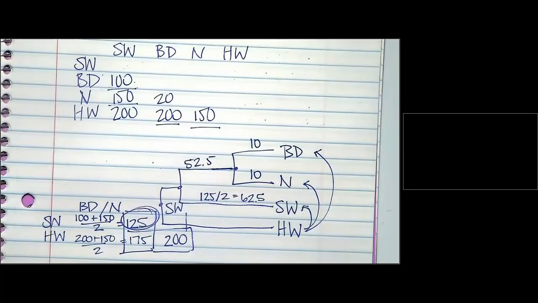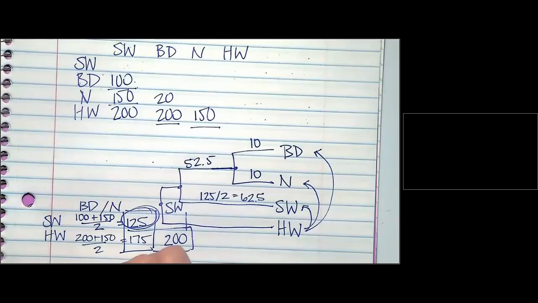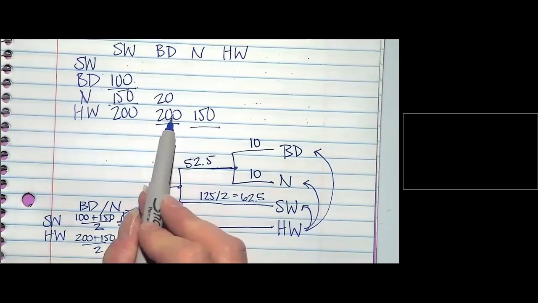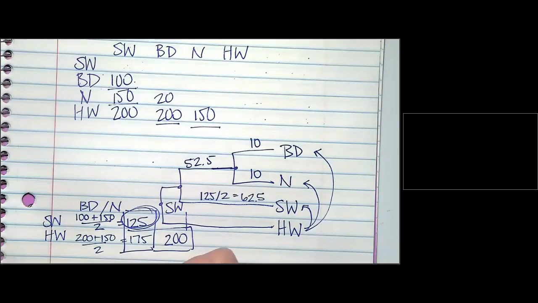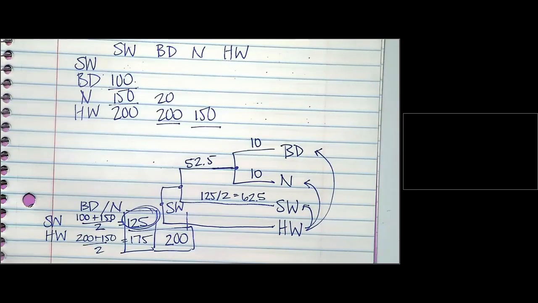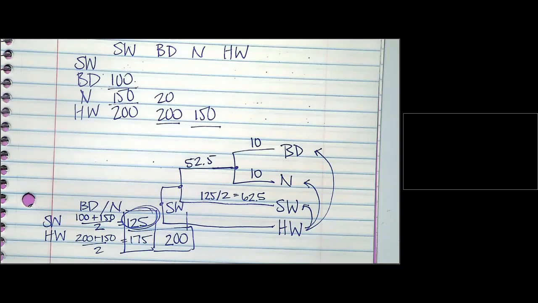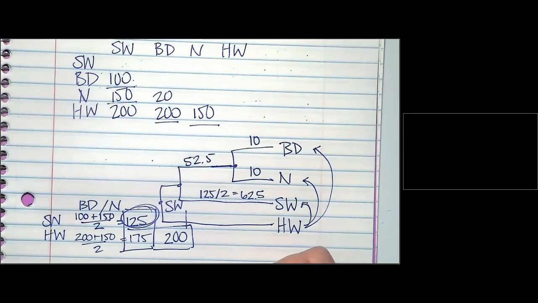Say the humpback whale to the sperm whale was 200. The humpback whale to the bottlenose dolphin was 200. And the humpback whale to the narwhal was 150. We divide that by 3. That gives us 183.3.